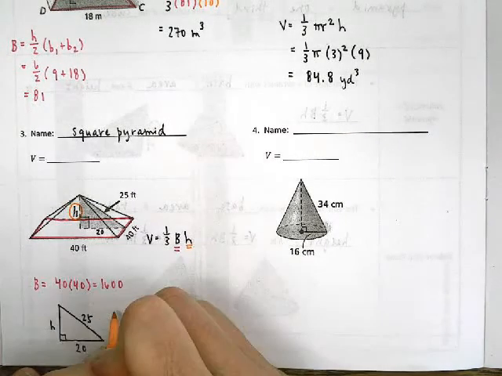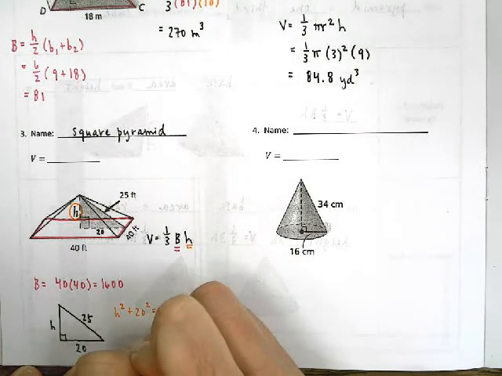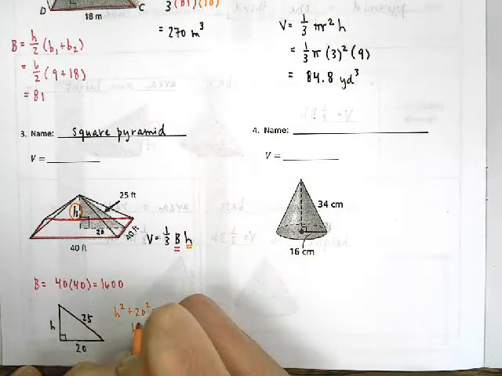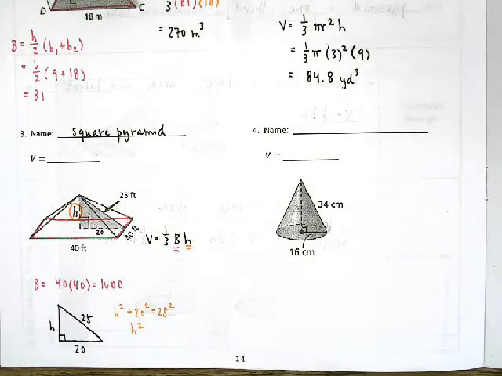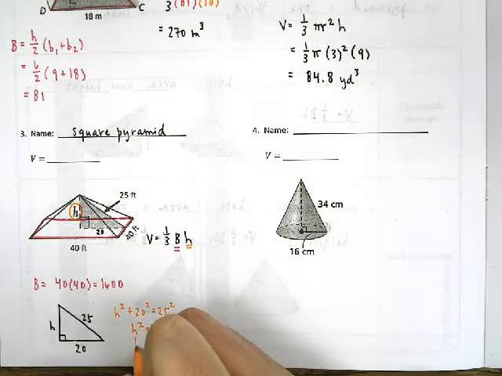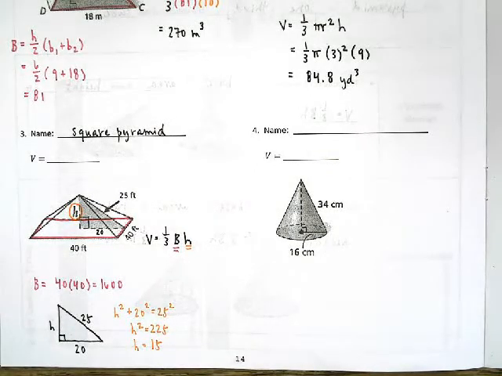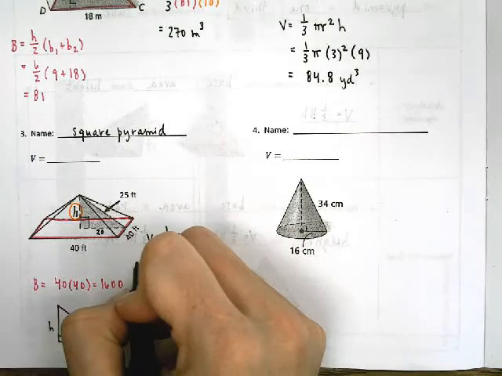So now I can use the Pythagorean theorem to solve. I have h squared plus 20 squared equals 25 squared, which gives me h squared is 225, and so I get a height of 15. So now I've got everything that I need to be able to solve.